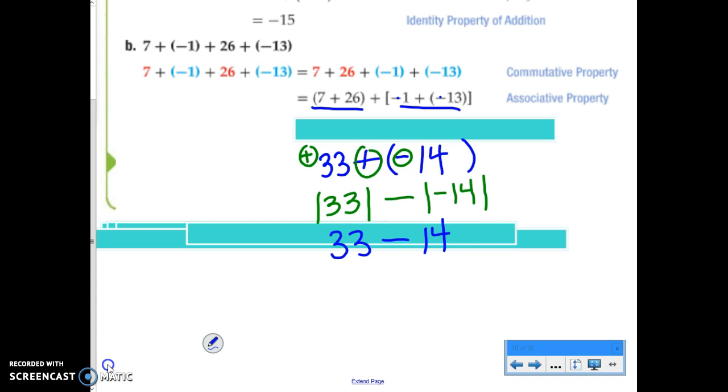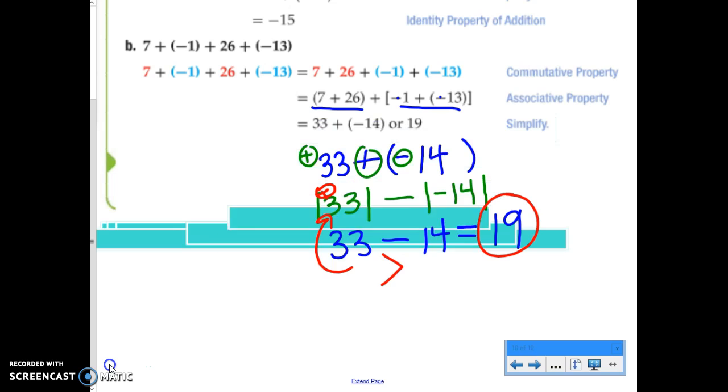And because I know right now 33 minus 14 is 19, I know that 19 is going to be incorporated in my answer somehow, but the question of whether it's positive or negative is still up for grabs. Because 33 is greater than 14, I know already that my answer has to be positive because 33 is positive. So 19 is the correct choice.